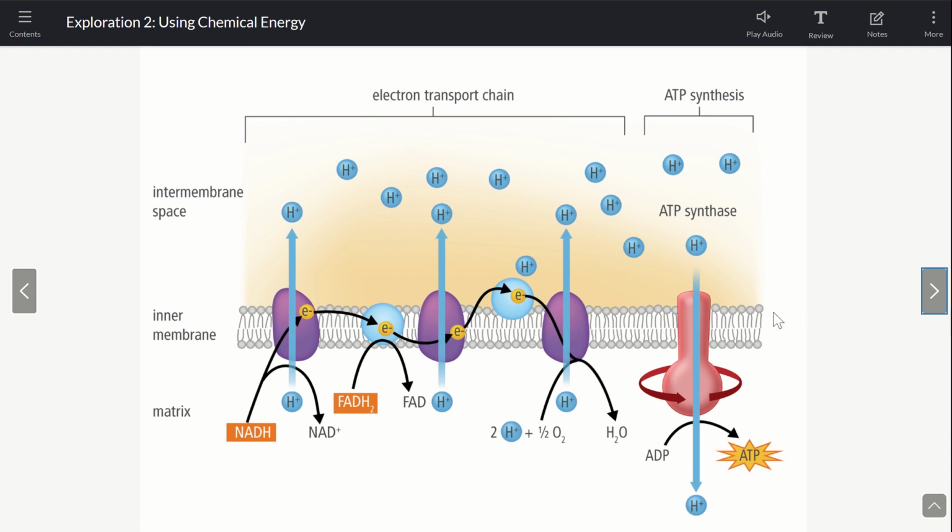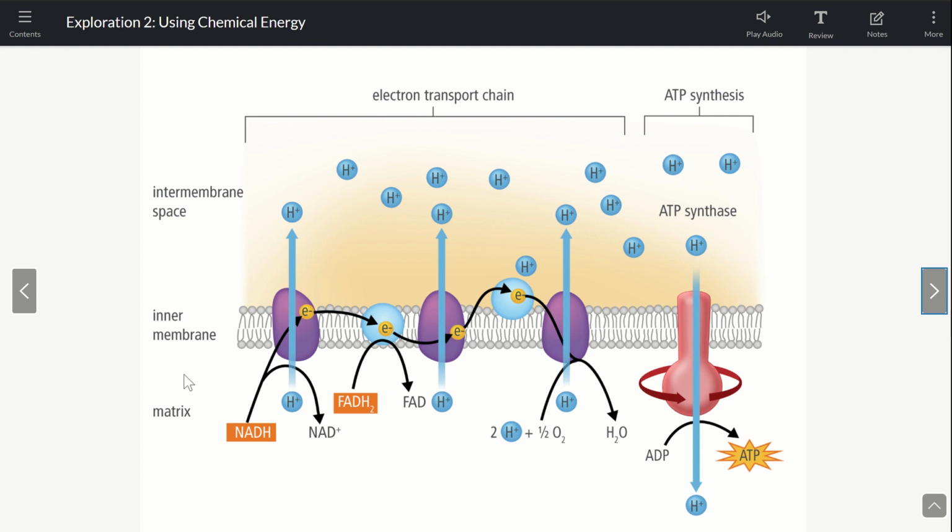This picture should look very familiar to the diagram that I showed you in the first stage of photosynthesis. The electron transport chain has a lot of similarities to the light-dependent reactions of photosynthesis. And I'm not going to go back there right now, but if you want to go back and look at the light-dependent reaction of photosynthesis, you will see a lot of the same ideas.